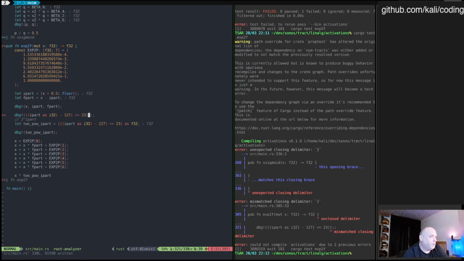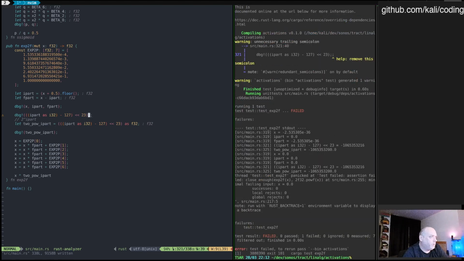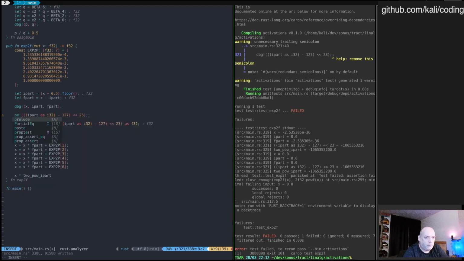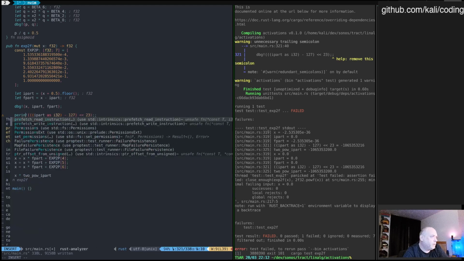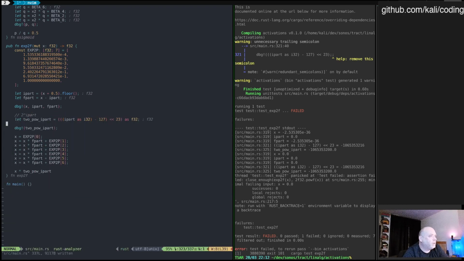But what we're going to do is I'm going to print. Print line, print. Oh, yes, I know. I know what I did here. This is a conversion. What I need here is a reinterpret cast, which is f32 from bits.